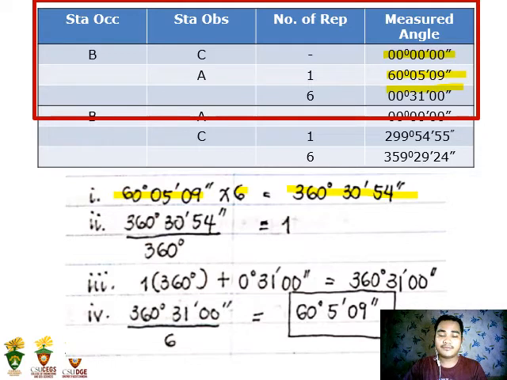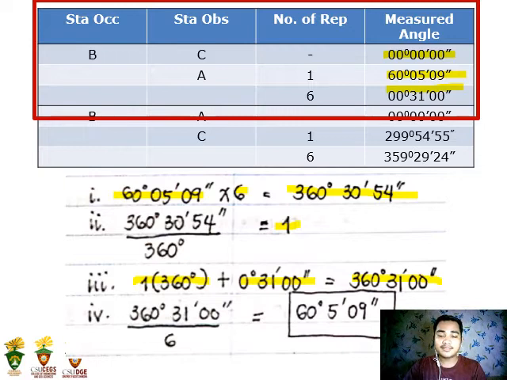Next is we get the multiple of 360. Since there is only one, the answer is 1, the greatest multiple, so 1 times 360 plus the sixth reading of 31 minutes. So we have 360 degrees, 31 minutes, and 00 seconds.